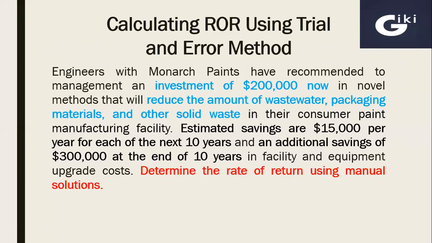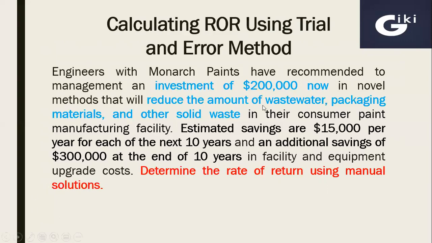Estimated savings are $15,000 per year for each of the next 10 years, and an additional saving of $300,000 at the end of 10 years in facility and equipment upgrade costs. We need to determine the rate of return using manual solutions.